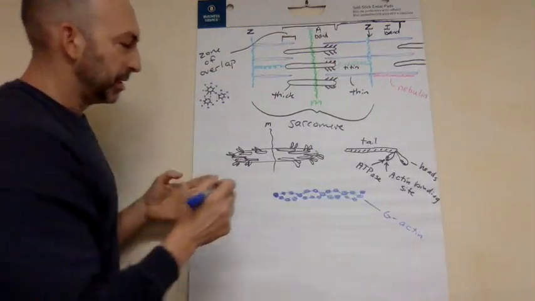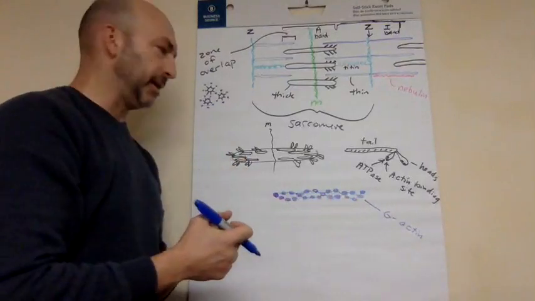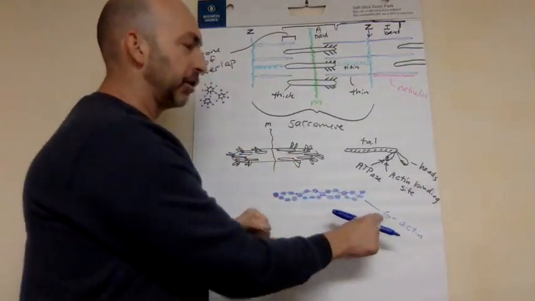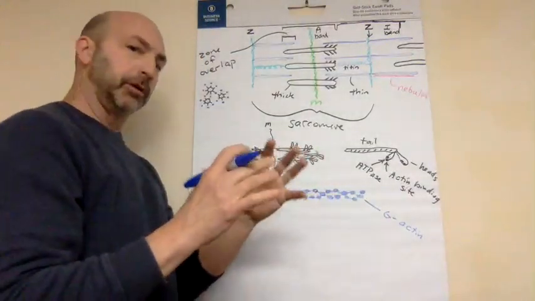And so each one of these strands of pearls, if you will, is called F-actin. Well, let me back up. So the G is for globular, like a blob. So each one of these is like a blob, like a globular protein.